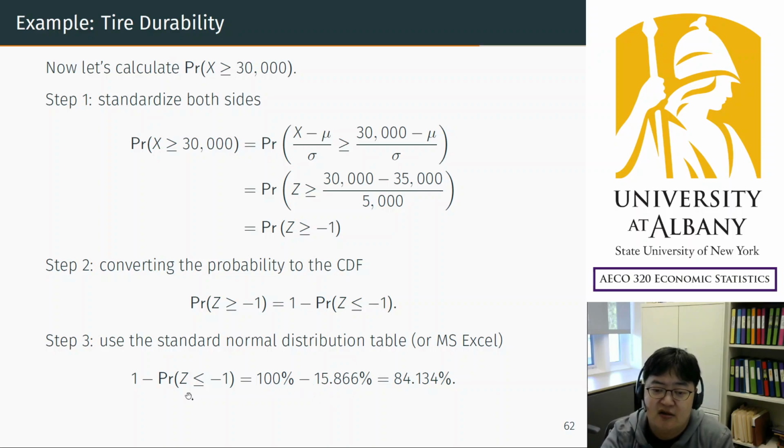And then the probability we wanted is the probability greater than -1, which is 100% minus the other side probability. And in the end, we have 84.134%. This is the answer to this probability. Probability greater than 30,000 miles equals about 84%.